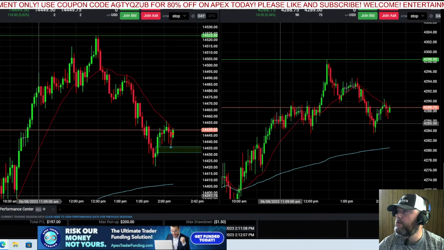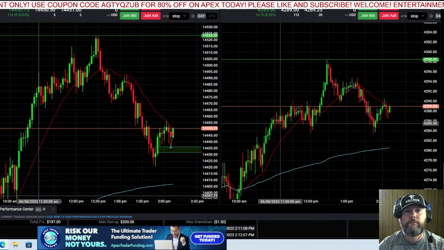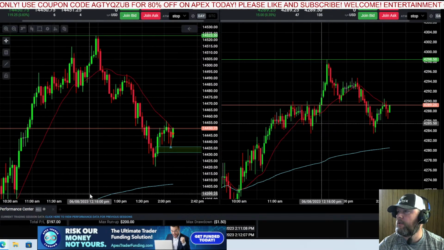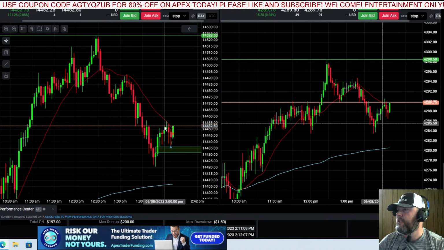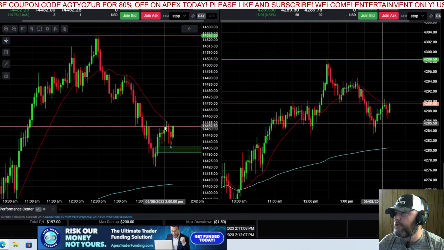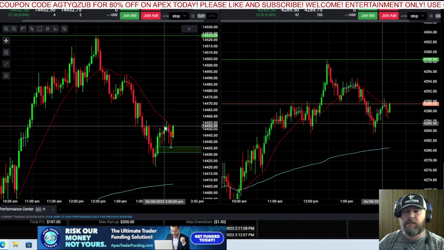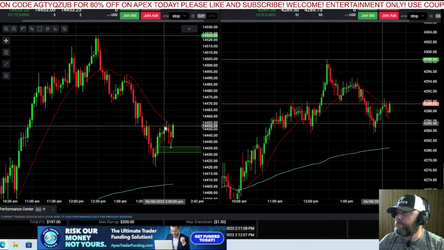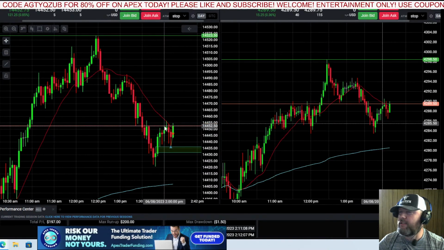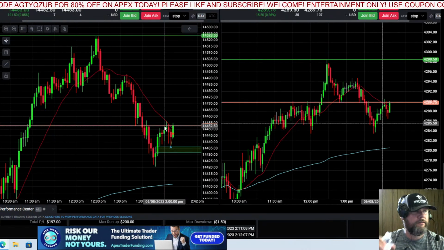ES bouncing here, trying to break out. Probably going to take the Nasdaq with it here. We broke through that 20 SMA now. Now that exit's not looking so hot. The exit is no longer looking hot.